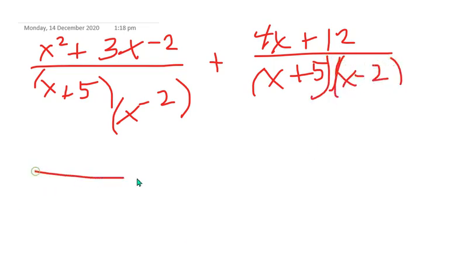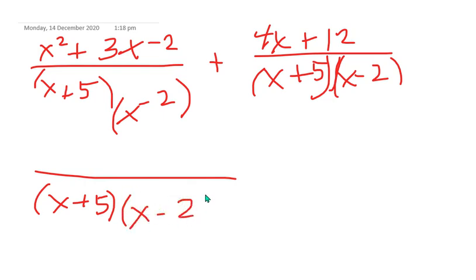Okay, the same denominator, we copy the denominator and add or subtract the numerator. x squared has no common, so we have the same sign. 3x plus 4x is equal to 7x.